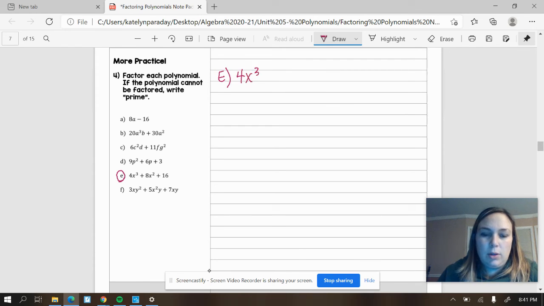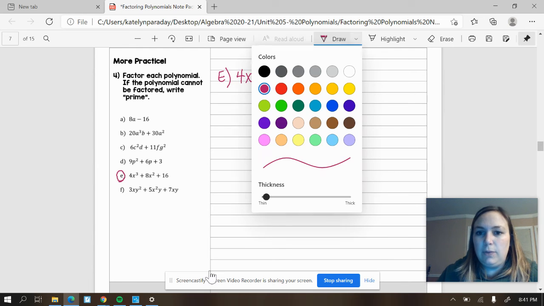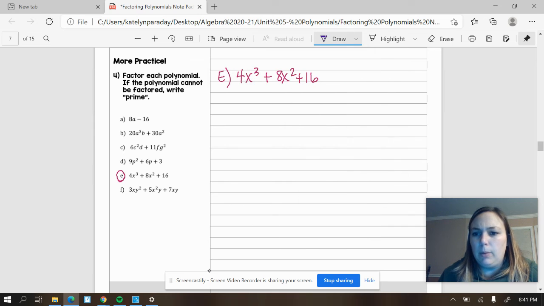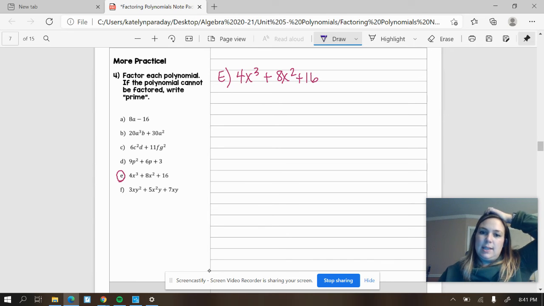So 4x to the third plus 8x squared plus 16. So now we have a few more, what do we call them? Terms, right? So we have a 4 and x to the third plus 8x squared and 16. So really we need to look, what are our factors of 4? Well, 1 times 4, 2 times 2, all right?